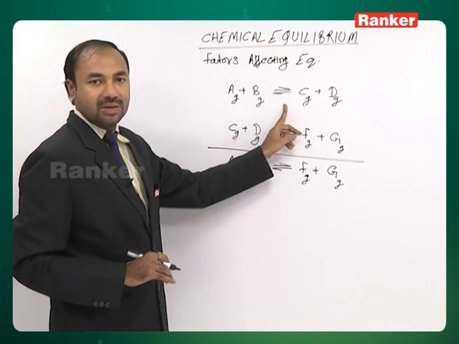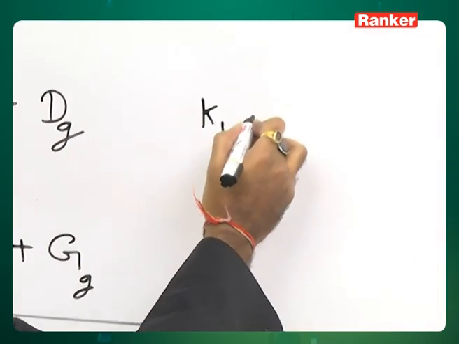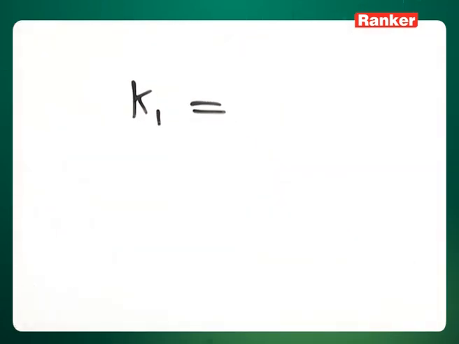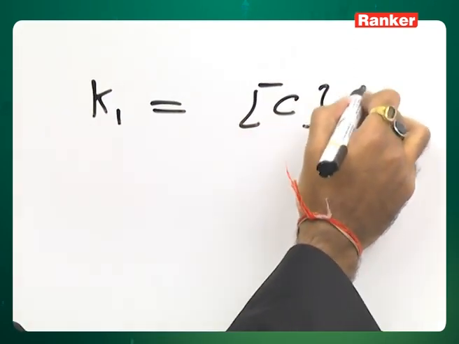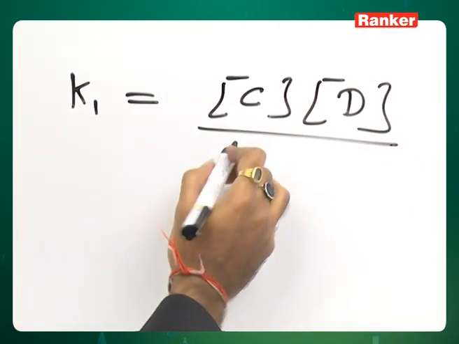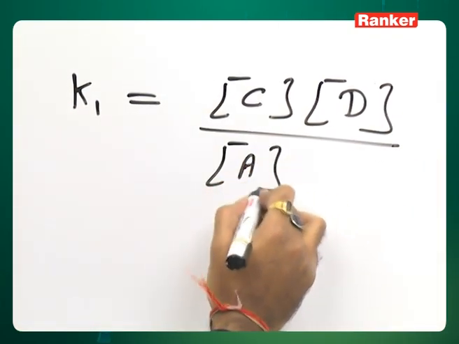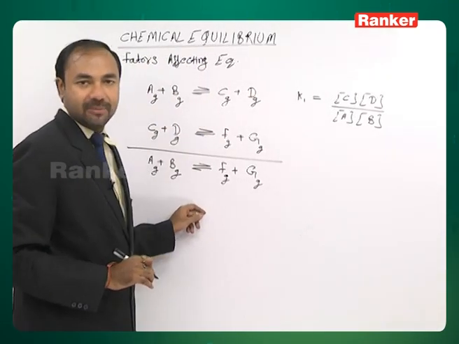Now, the equilibrium constant for the first equilibrium, I am writing it as K1, will be equal to concentration of C into concentration of D upon concentration of A into concentration of B. This is K1.